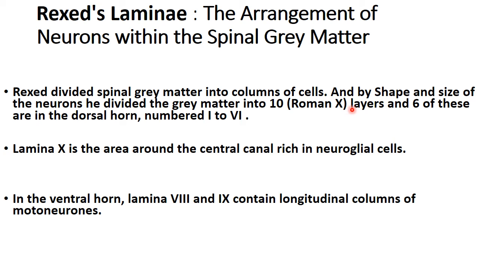Out of these 10 layers, 6 are present in the dorsal horn, numbered 1 to 6 in Roman numerals, and these are the receiving neurons of the spinal cord. Lamina 10 is the area around the central canal, rich in neuroglial cells. In the ventral or anterior horn, laminae 8 and 9 are longitudinal columns of motor neurons, and they are motor in function.